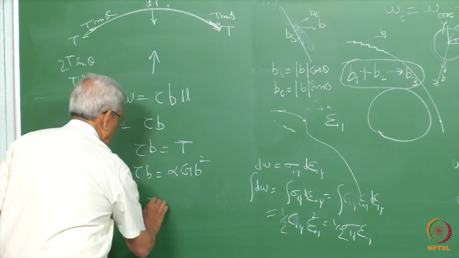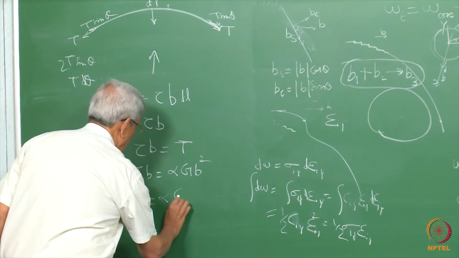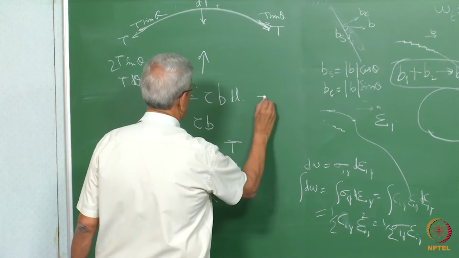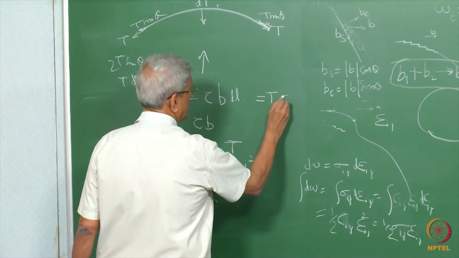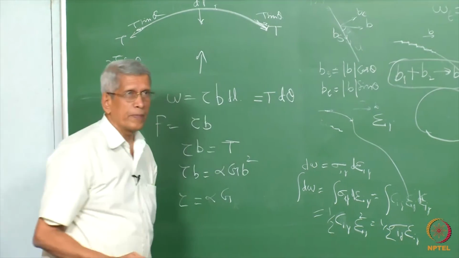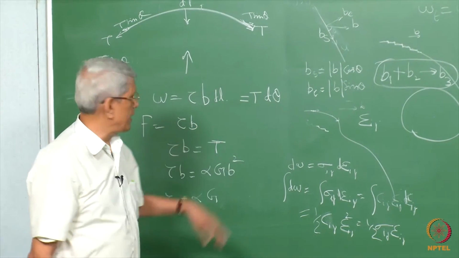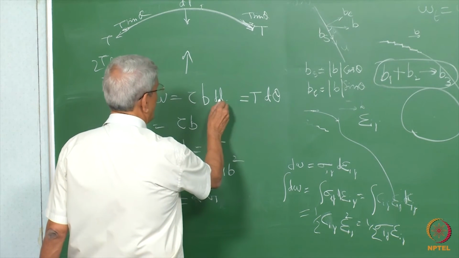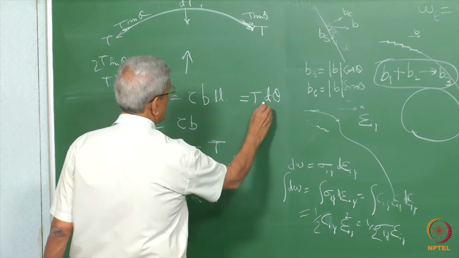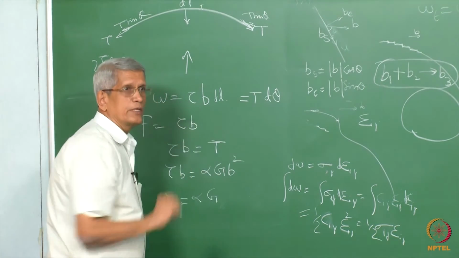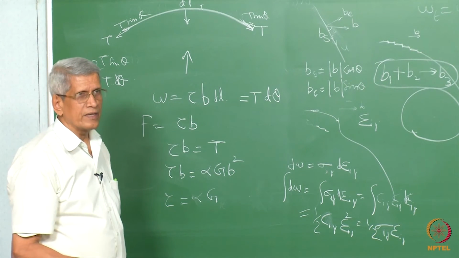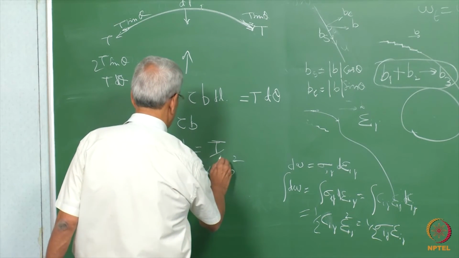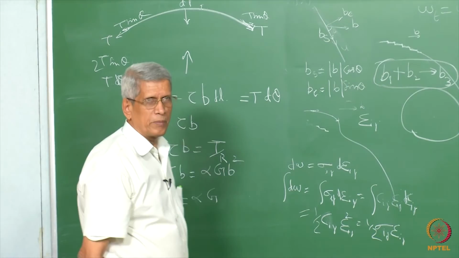So tau, this energy, should be equal to T into d theta. This is what the energy balance will be. Then d theta by dl will turn out to be 1 by r, the radius of curvature, correct.